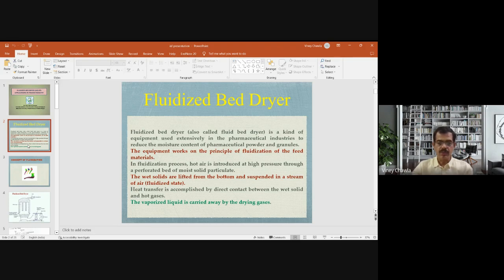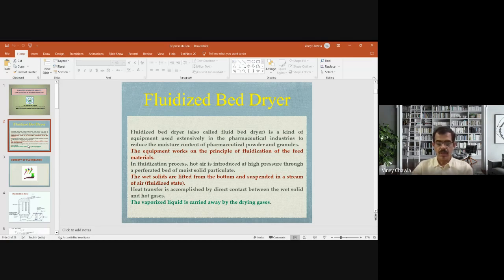It works on the principle of fluidization of feed particles, and in the fluidization process, hot air is introduced at high pressure through a perforated bed of solid particulate. In the later pictures, I will explain it through the diagrams. What we are doing here is that wet solids are lifted from the bottom and suspended in a stream of air.